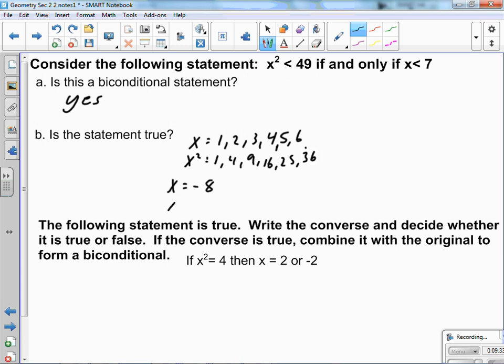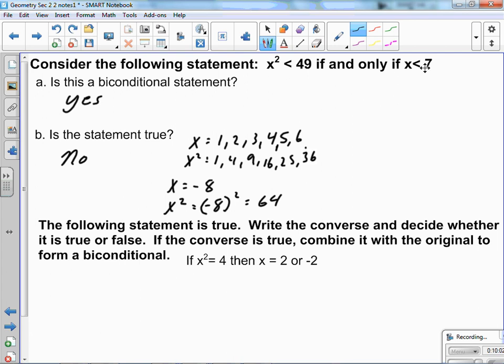But if I do x squared, then -8 squared is going to become 64. So in this case, x squared would not be less than 49. So is the statement true? No.